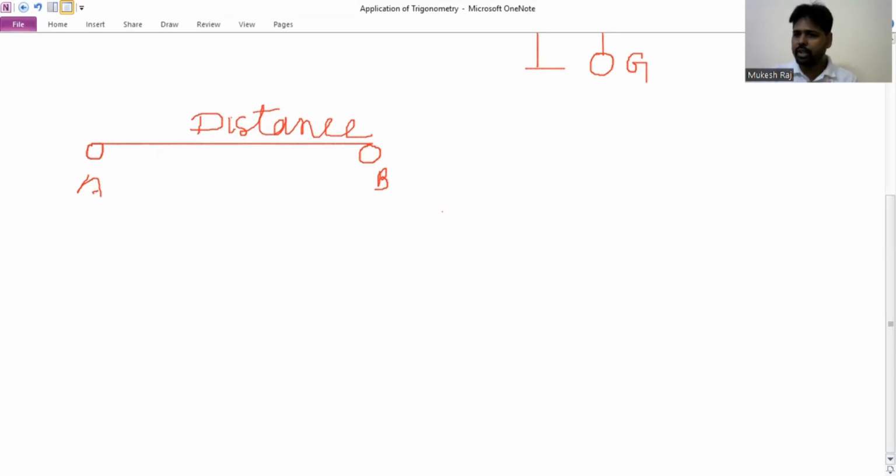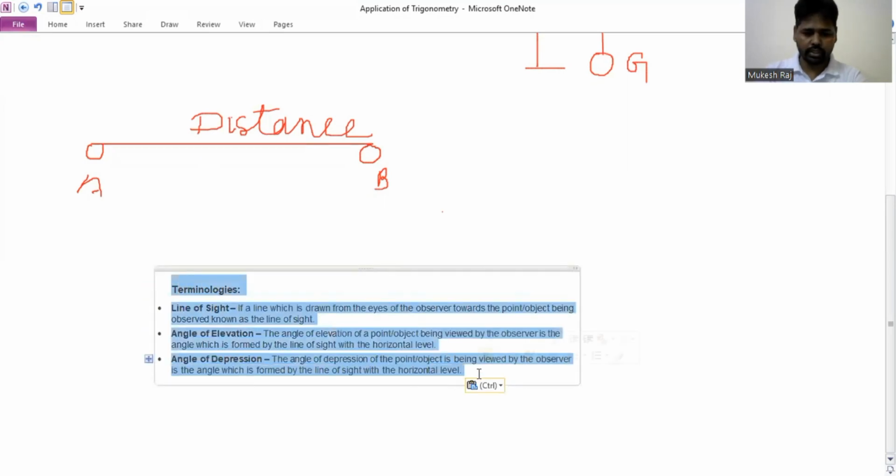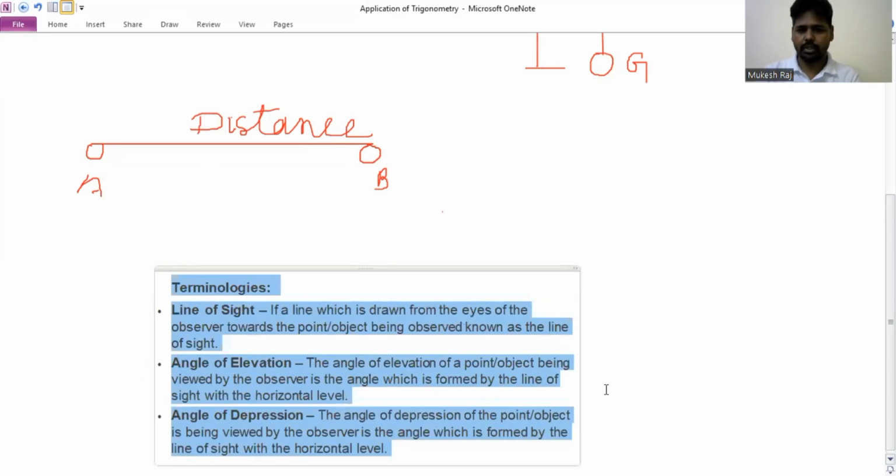Now when we come across this application, particularly in terms of height and distance, there are certain terminologies that we have to take into consideration. Let us see these terminologies, which we will be encountering every now and then.